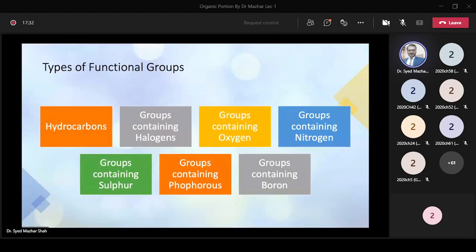So these are the subgroups in which we have oxygen in our organic molecule in addition to carbon and hydrogen. Then we have some groups where nitrogen is present, like the nitro group someone mentioned. Then we have amines, NH2, and amides, which all contain nitrogen.